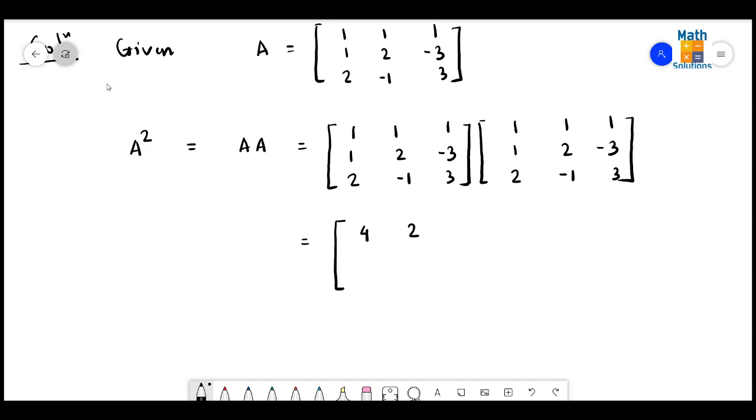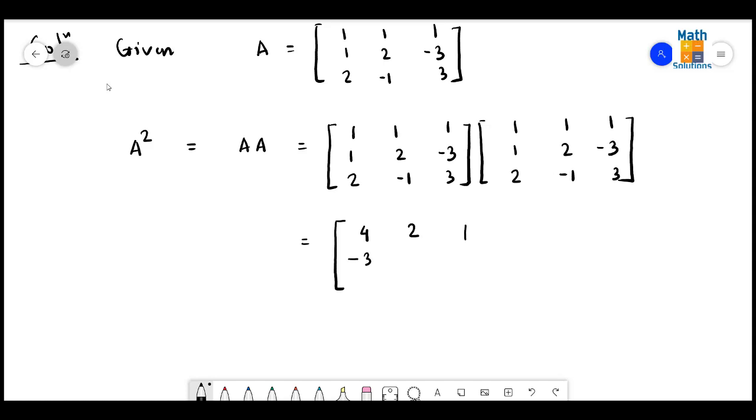Then 1, minus 3, plus 3, the result is 1. Then 1, 2, minus 6, that means minus 3.